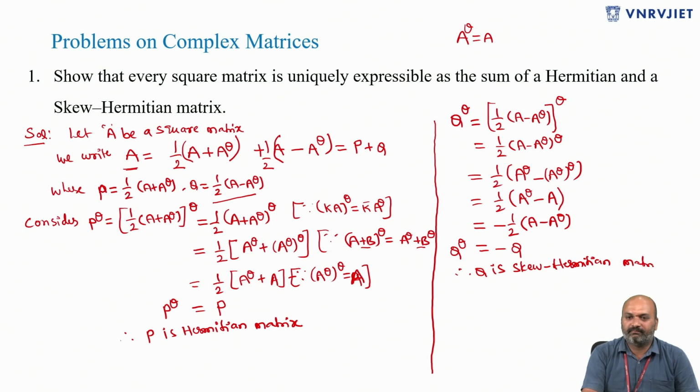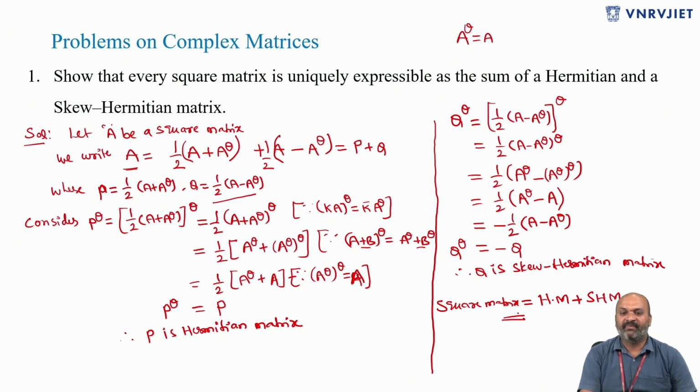So A we write as P plus Q. We showed that P is Hermitian and Q is a skew Hermitian matrix.